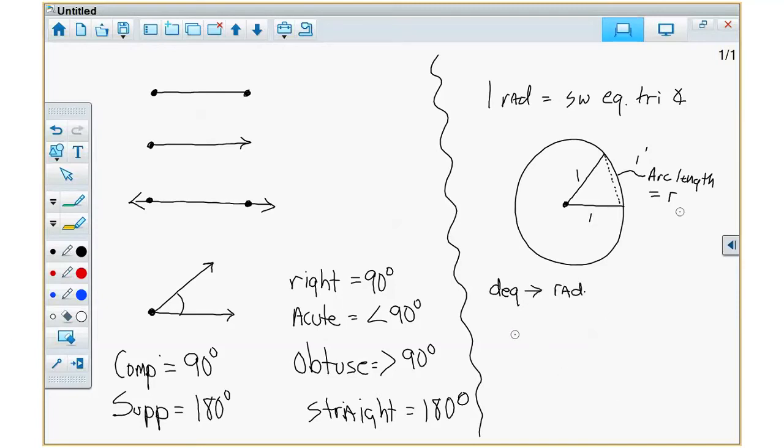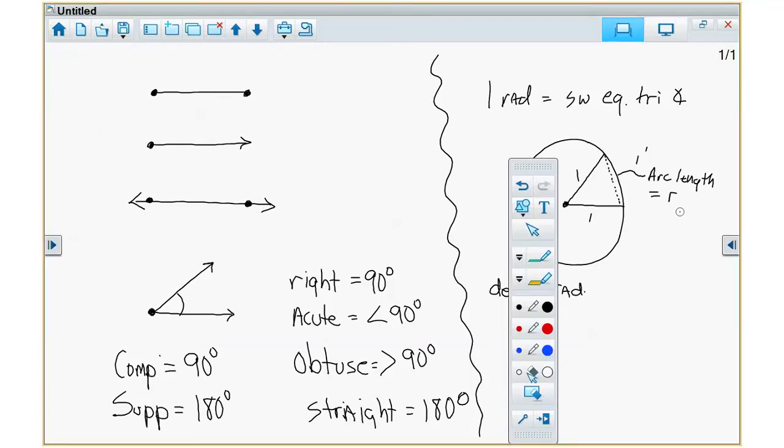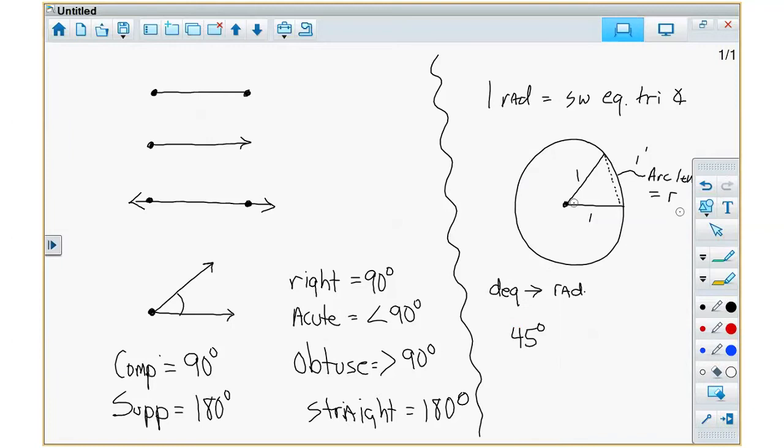Okay? And we also talked about if you wanted to convert from degrees to radians, then you got to put 45 degrees over 1, times pi over 180. And why did I use 180 on the bottom?